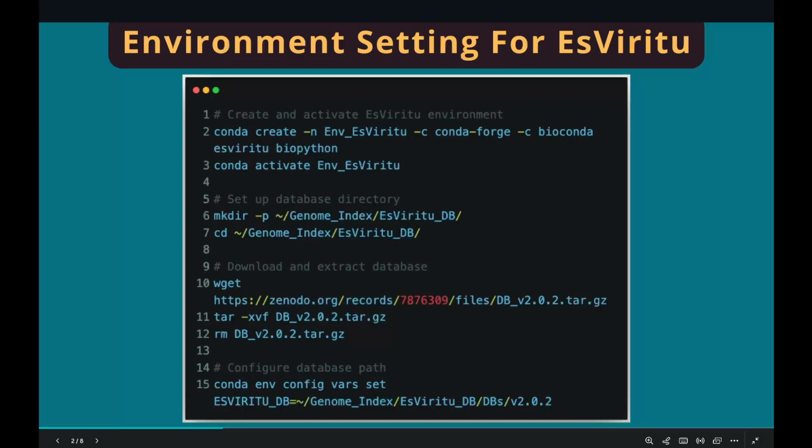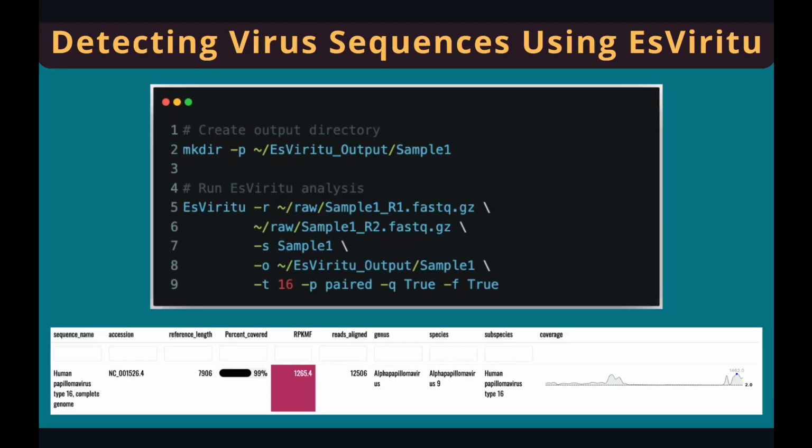Once everything's set, we can directly run the package. The process is very straightforward. We create our output folder and call EsViritu. Specify the input, that's our FASTQ files, R1 and R2.